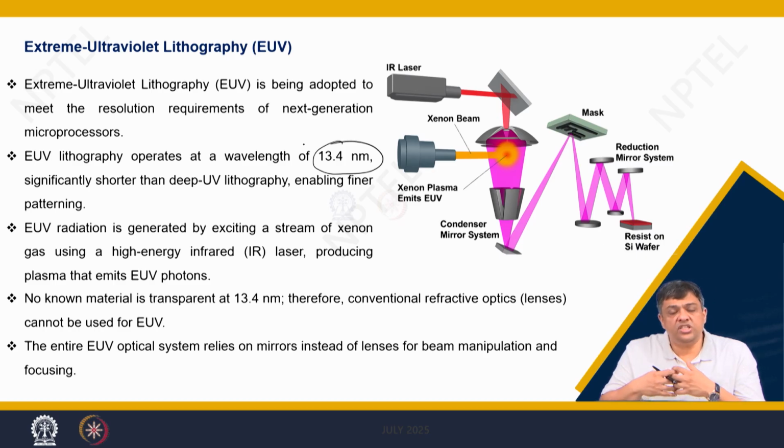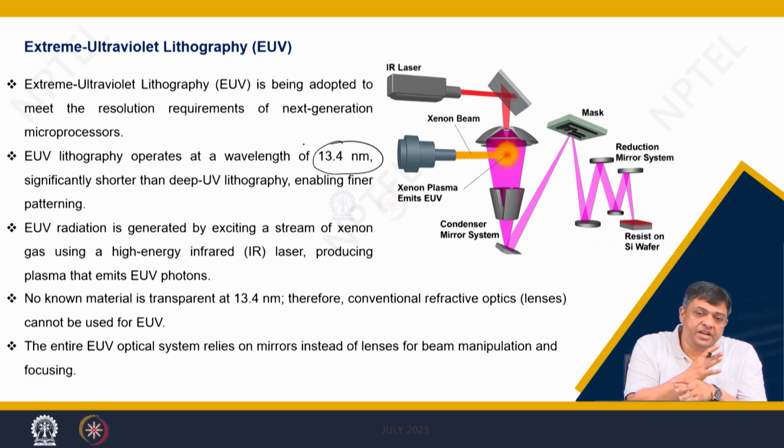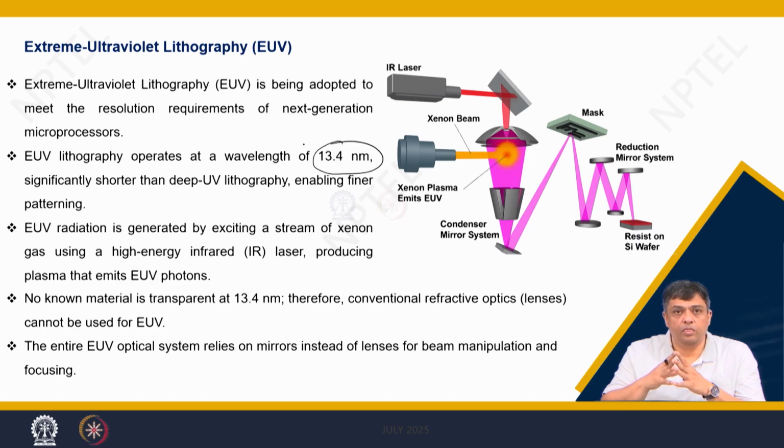Generally, these radiation are obtained by exciting a stream of xenon gas using a high energy IR laser that produces a plasma which subsequently emits EUV photons.